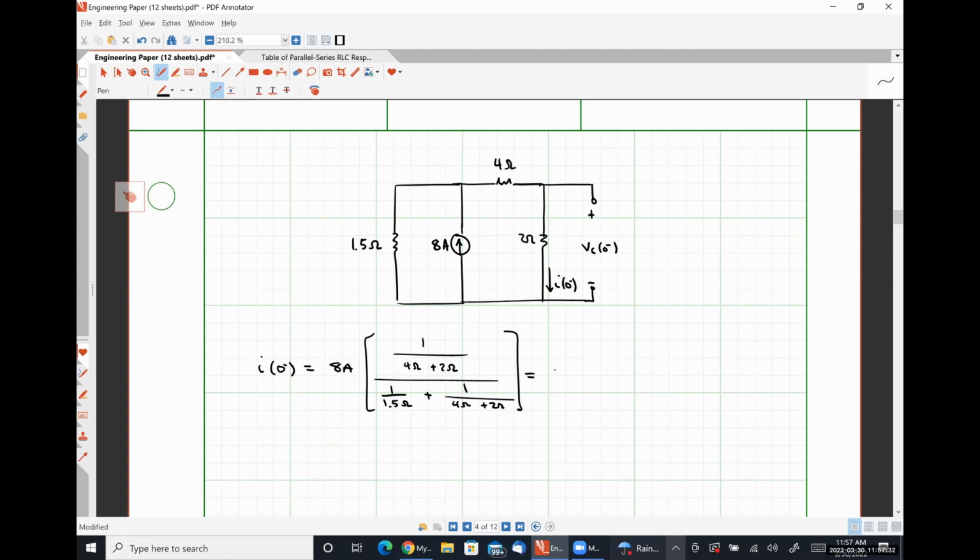I get I at 0 minus to be 1.6 amps. If anybody has a calculator and can verify that for me, that'd be wonderful.